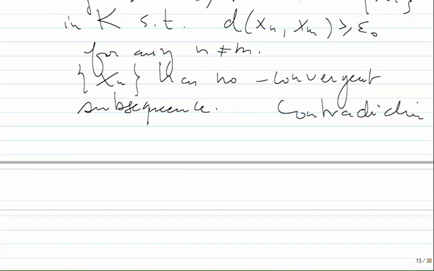Next, we are ready to prove now the main result of this web note, the main theorem, beautiful theorem.